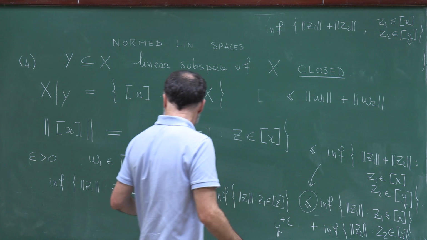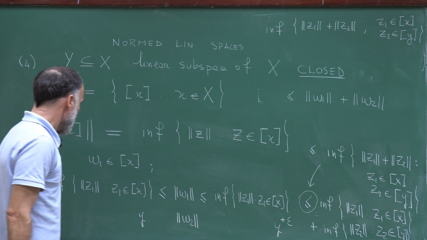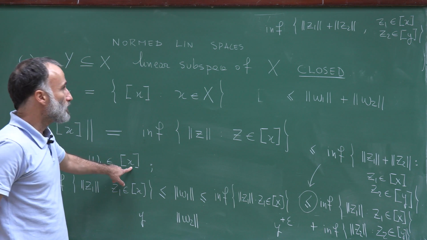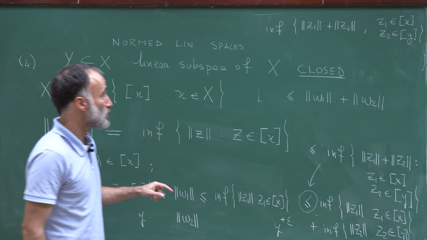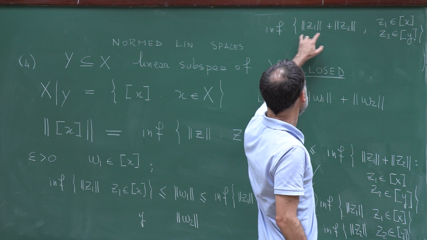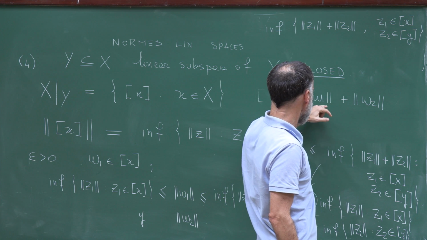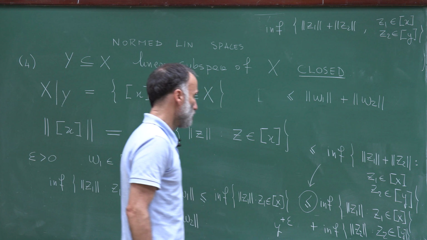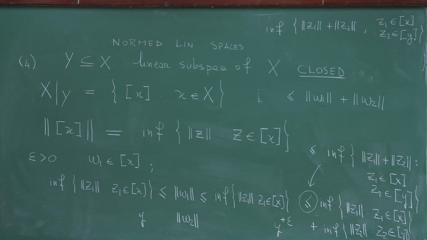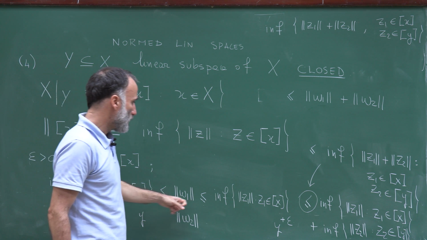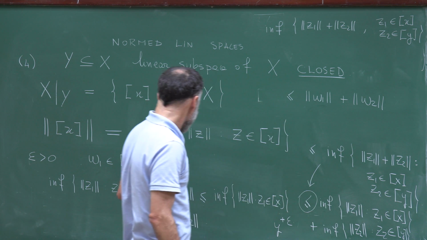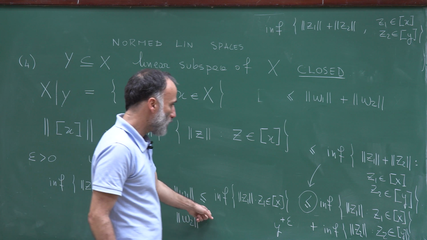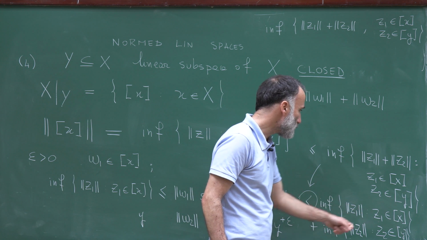Right? Because W1 is an element of the equivalence class of X, W2 an element of the equivalence class of Y, and therefore this infimum is less than or equal than the norm of W1 plus the norm of W2. But the norm of W1 is bounded by this infimum plus epsilon, the norm of W2 is bounded by the second infimum plus epsilon.